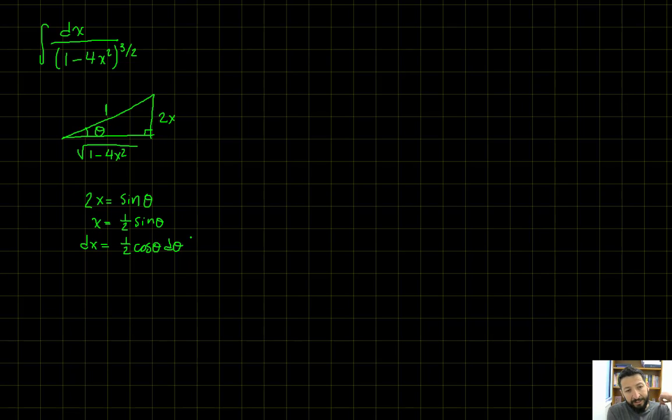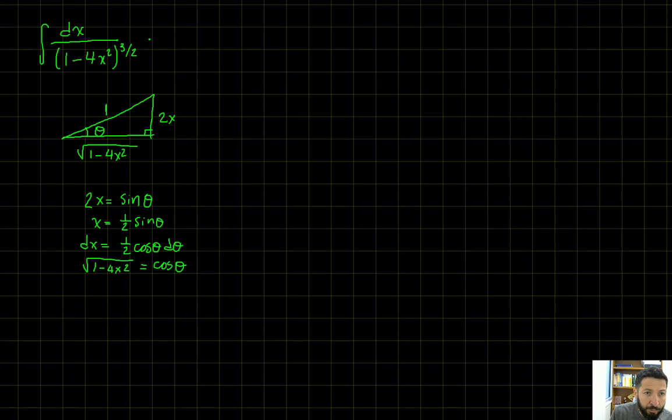And now we do this square root. I'm writing a little bit small. So square root of 1 minus 4x squared over 1, that's going to be adjacent over hypotenuse. That's going to be a cosine.